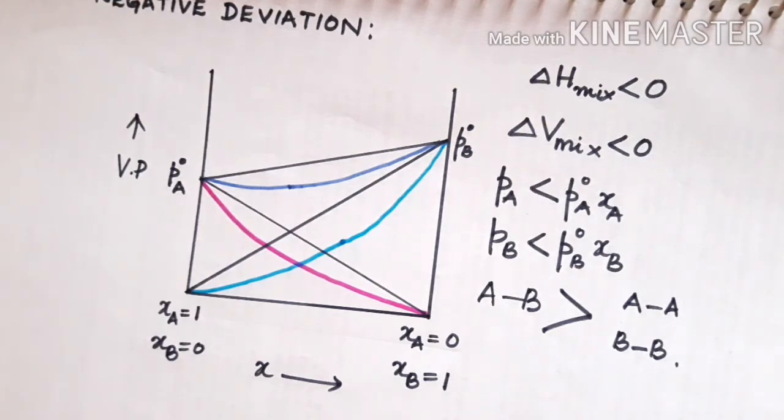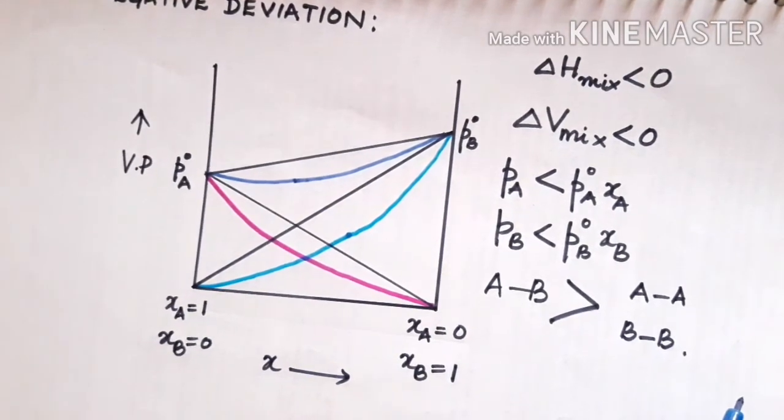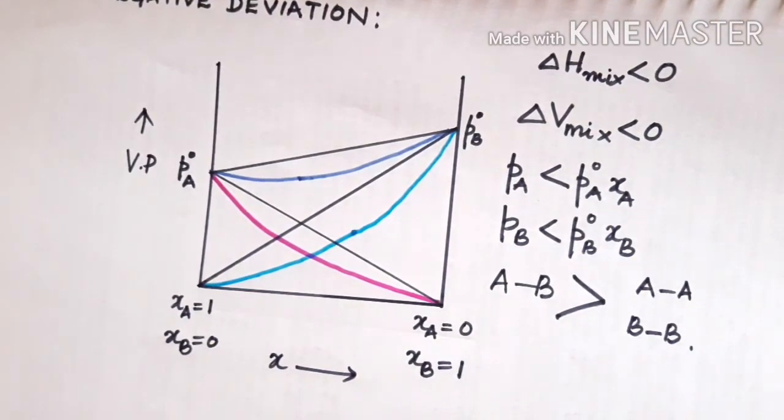So we find that solutions which have negative deviation usually show a heap in the value of the boiling points, and such solutions show maximum boiling point azeotropes.